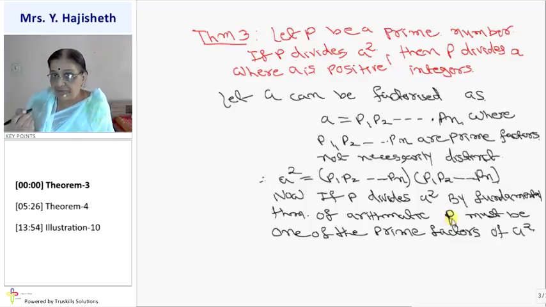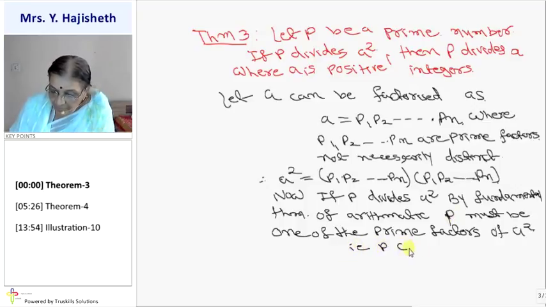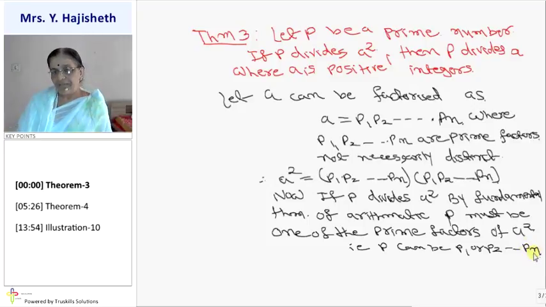A square has n prime factors. That is, P can be P1 or P2 or ... or Pn.